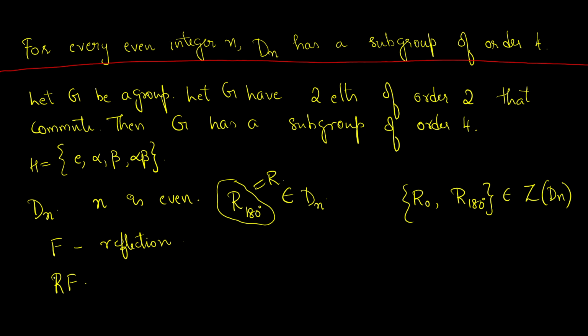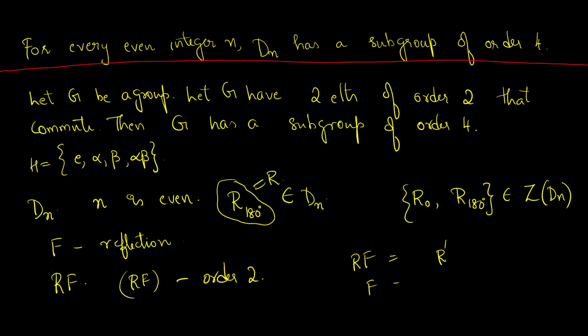Now what will be the order of RF? We also proved in one of the earlier videos that RF is going to be a reflection, so its order must also be 2. How did we prove that? Just to summarize, suppose RF is a rotation, say R dash.